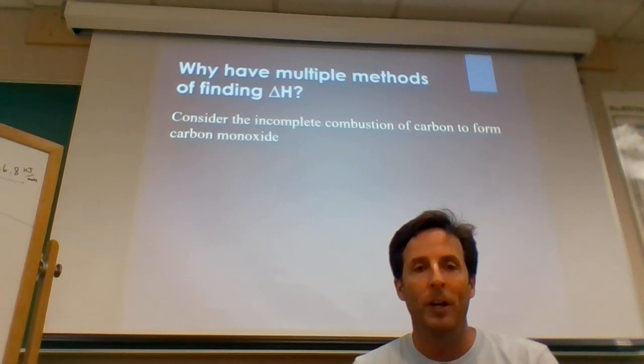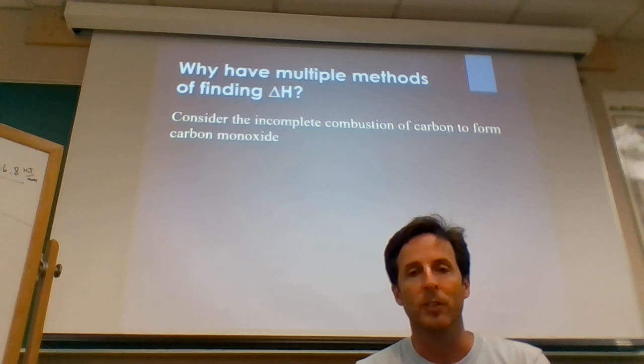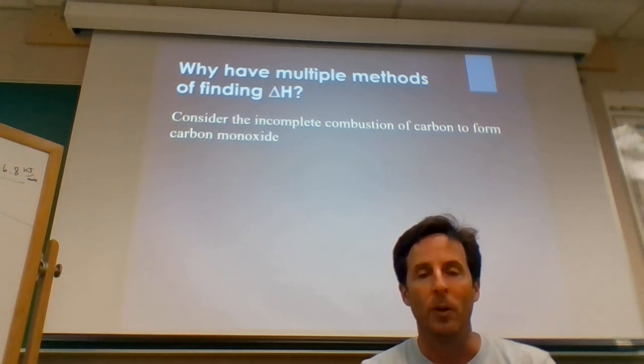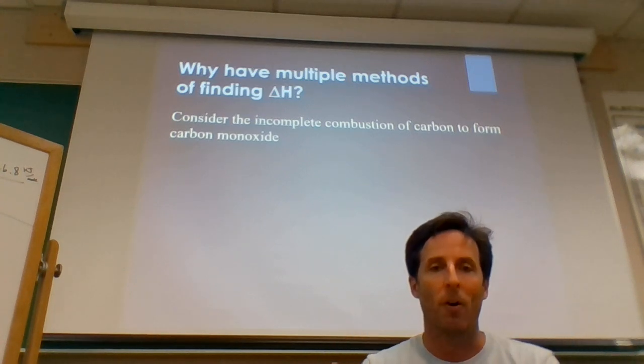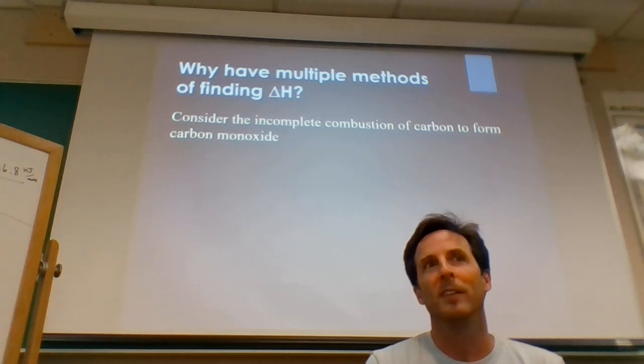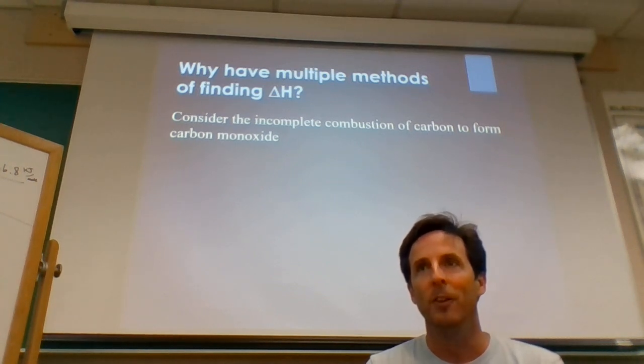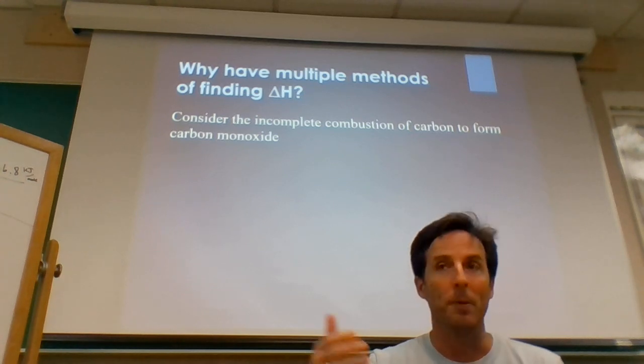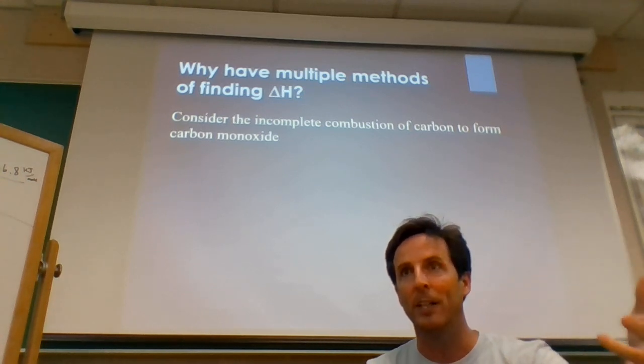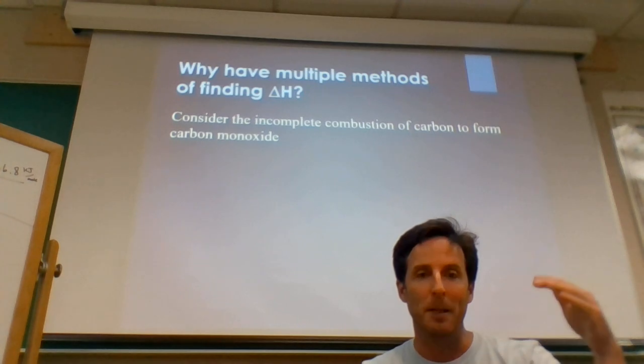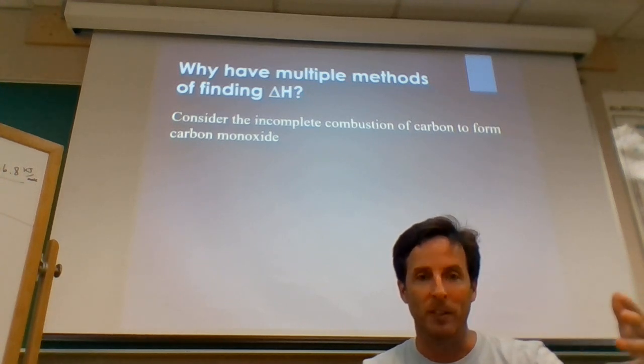All delta H values, when they're originally determined, come from some sort of experiment where you go in a lab and measure the heat changes that occur. So calorimetry is the basis of all this. We get all the original numbers from calorimetry, but then once somebody has determined the values for forming certain compounds and certain reactions, we want to build tables that we can use as references.